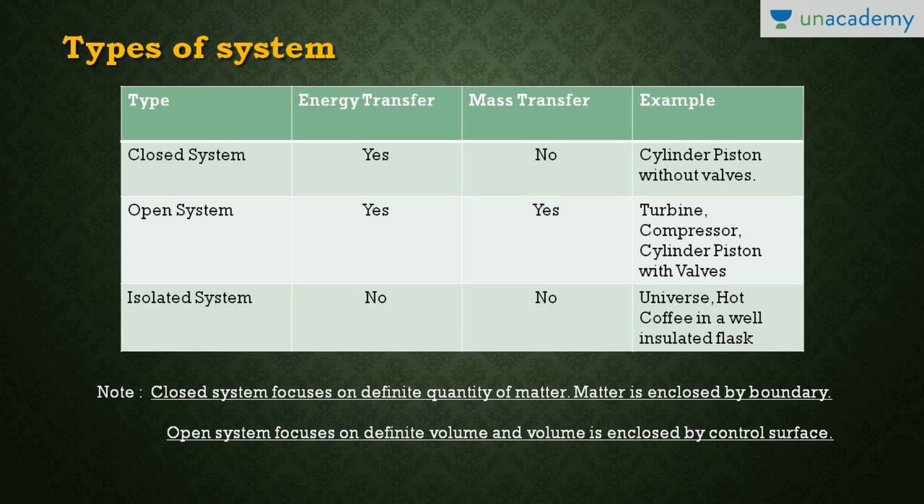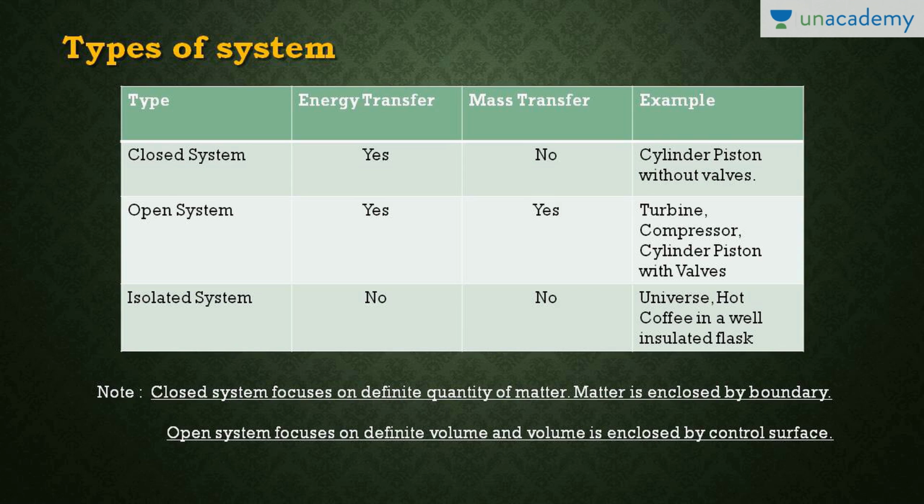Note: closed system focuses on a definite quantity of matter. Matter is enclosed by the boundary. As there is no mass transfer in closed system, matter is fixed. Mass is fixed, so it focuses on a definite quantity of matter. But open system focuses on a definite volume, and the volume is enclosed by a control surface.